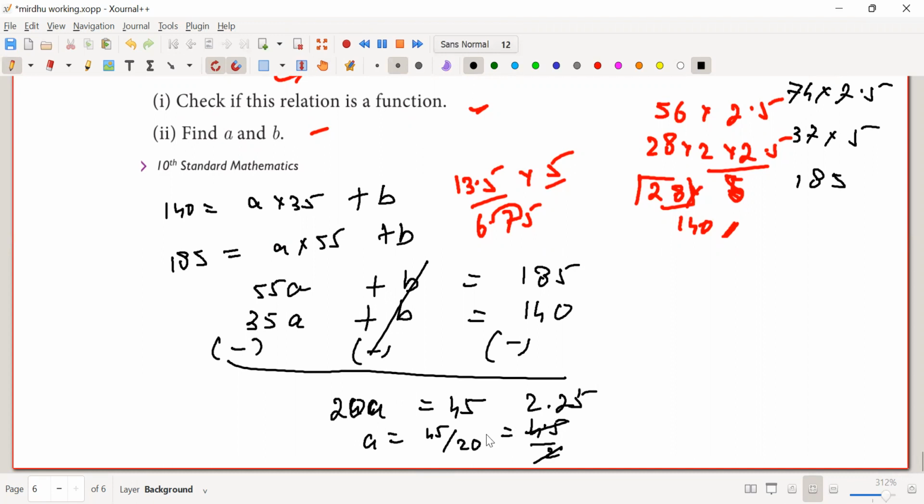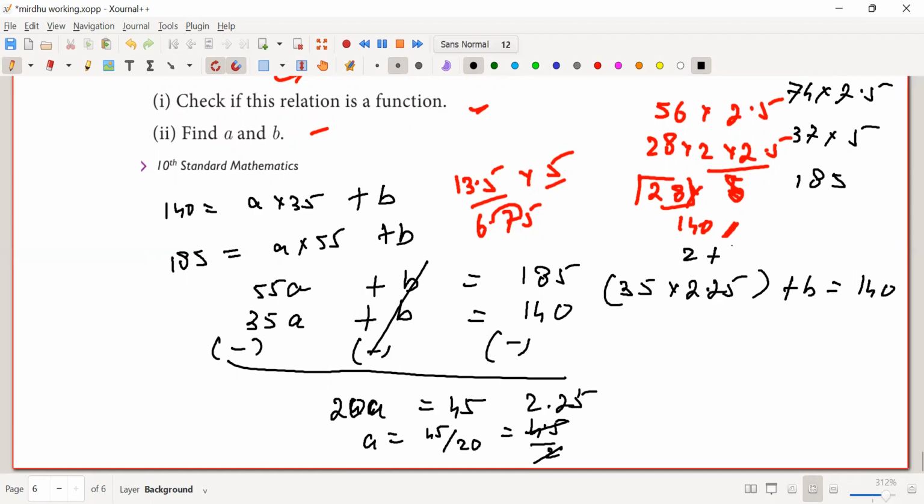When I substitute this 2.25 in any one equation, 35a plus b equals 140, I have to multiply 35 into 2.25.